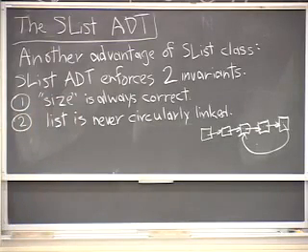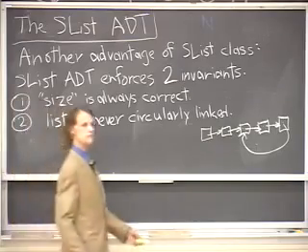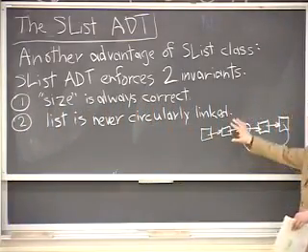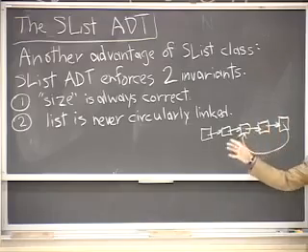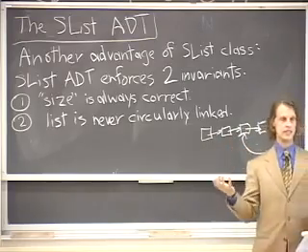Did you have a question? Well, if you could allow a list to be circularly linked, then yeah, it would look like it was infinite. And that's another reason why we're not going to allow it to be circularly linked. So you'll notice that these invariants are not statements about things that calling routines see.